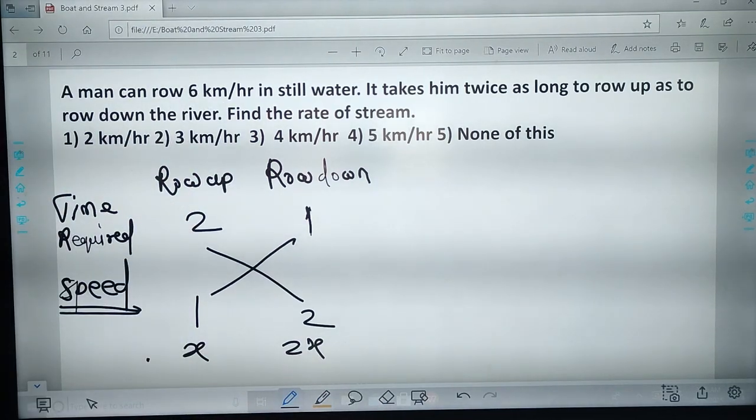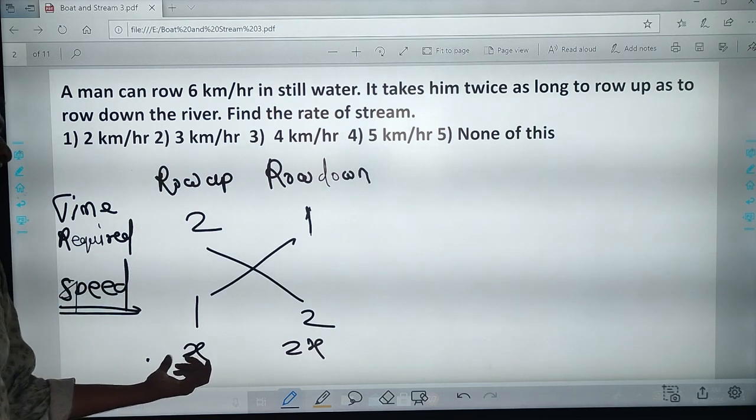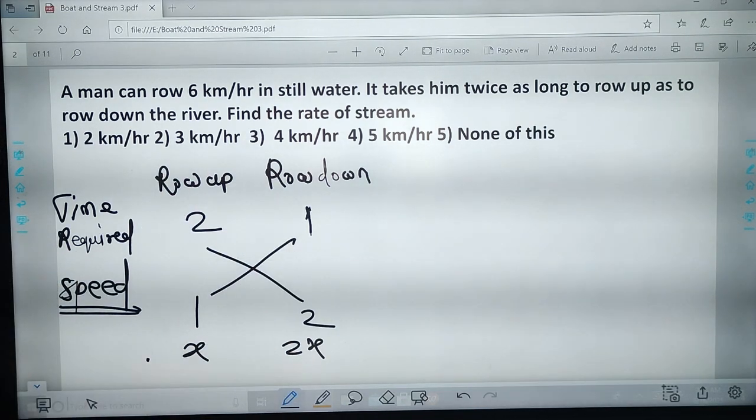Here upstream speed, that is the stream speed, is x, and downstream speed is 2x.